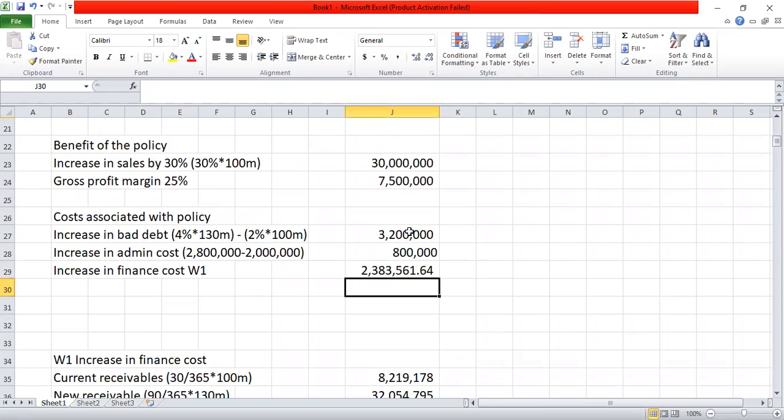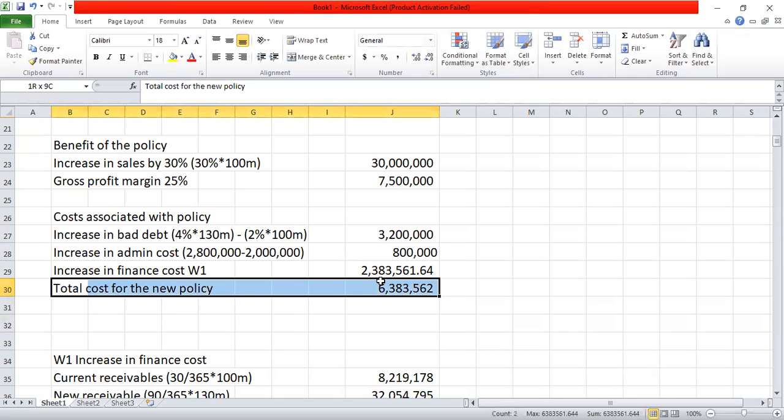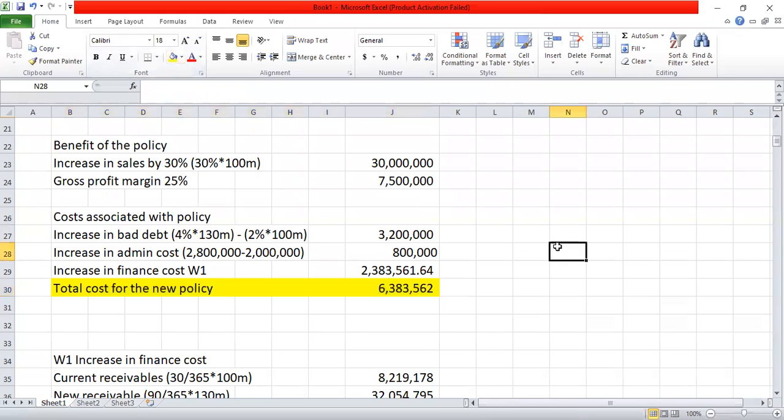So our total cost will be, so this is the total cost for the new policy. If the policy is introduced, that's the money you are going to incur for that policy.